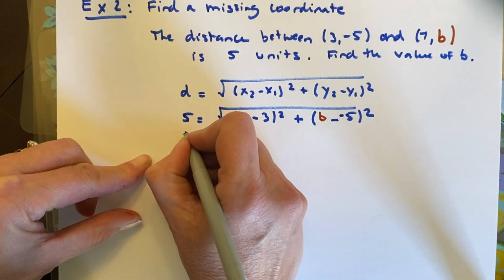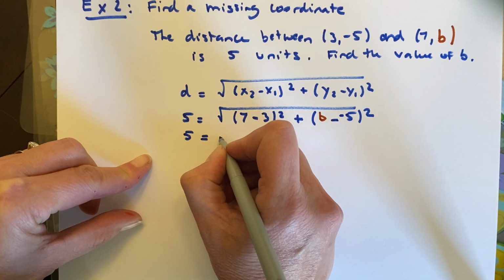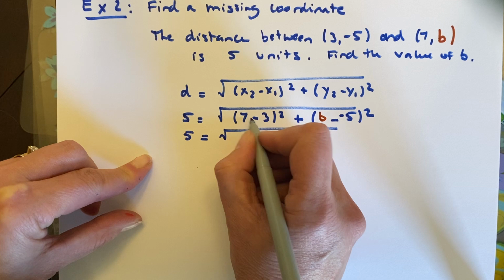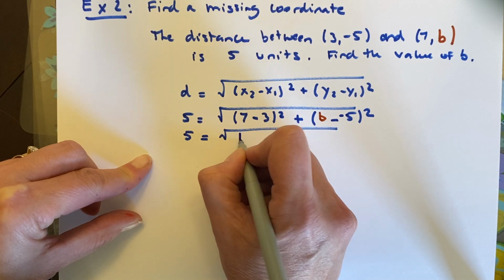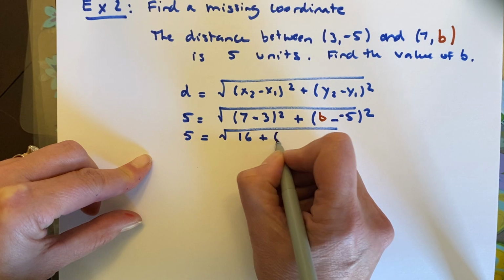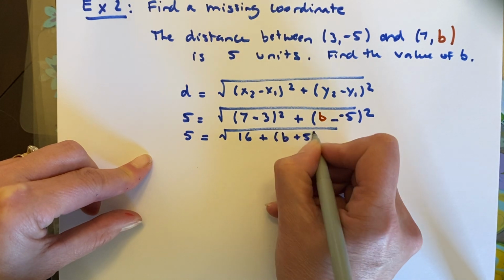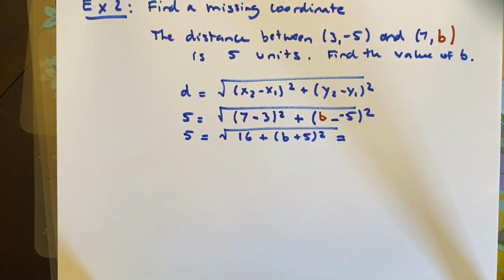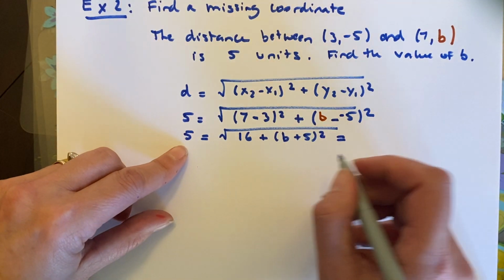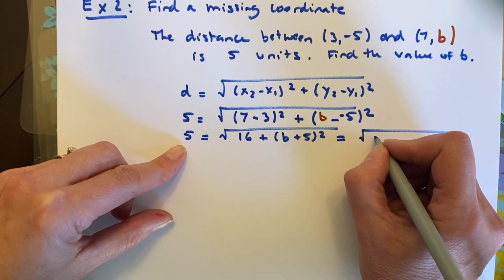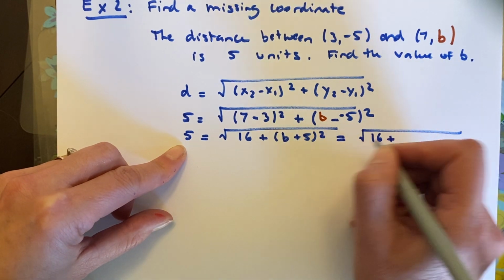So let's see what happens. 5 equals the square root of, well, 7 minus 3 is 4, 4 squared is 16, plus you get b plus 5 squared. Well, clearly we're going to get something quadratic in there. And so we're going to end up with square root of 16 plus this.